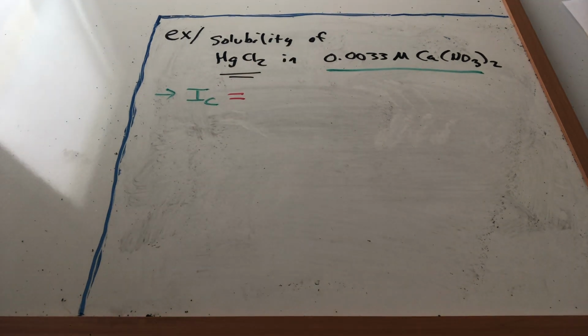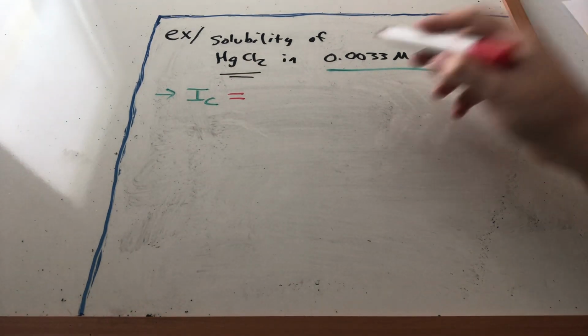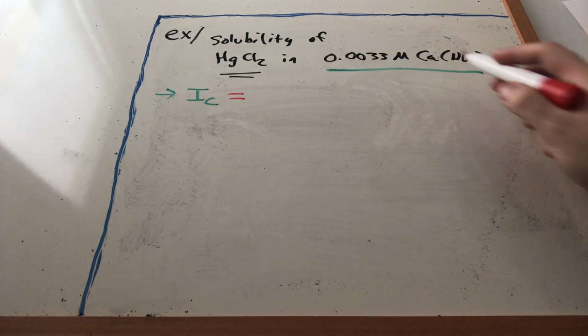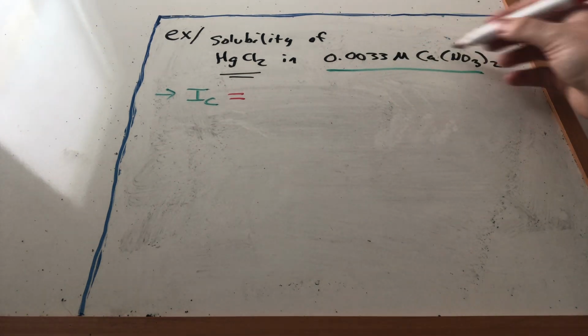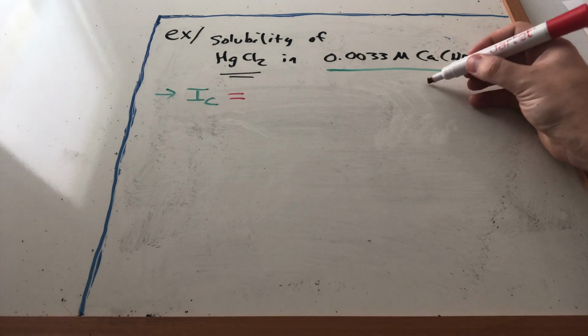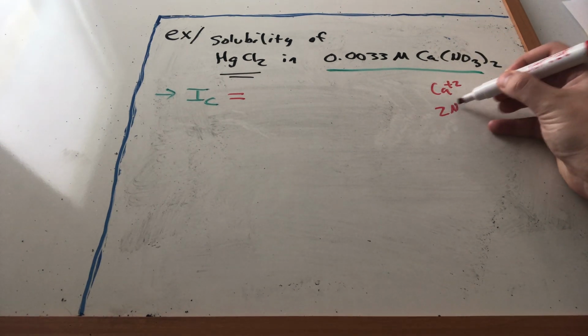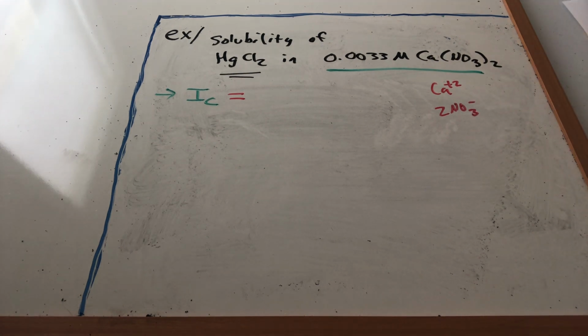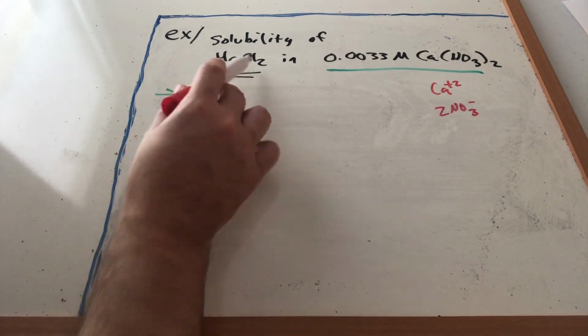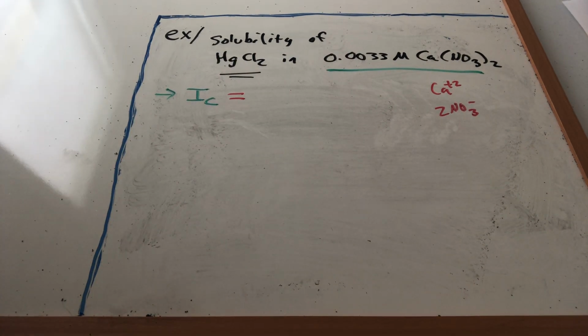And why I say that is you have to think about what happens. This is 0.0033 molar calcium nitrate. Calcium nitrate breaks down into Ca plus 2 and 2 NO3 minuses. So why is that important? Remember when we do our I sub c, we already know that these ions aren't going to influence this drastically, so we can focus on the ions here.